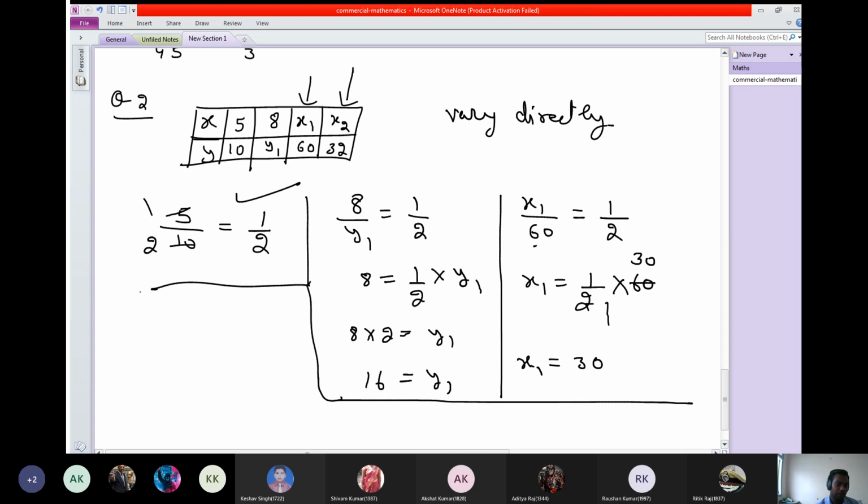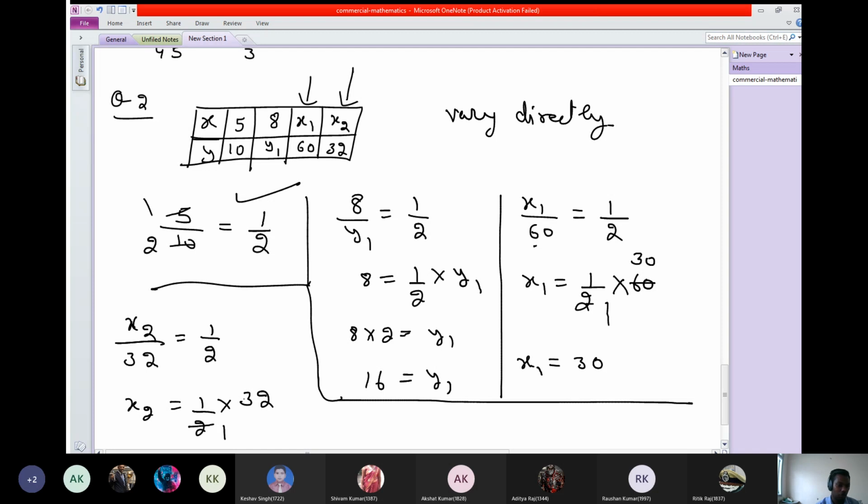I do here x2 by 32 equal to 1 by 2. Why I put equal to 1 by 2? Ratio must be the same. Then x2 by 32 equal to 1 by 2, and 32 goes to the other side in multiplication.